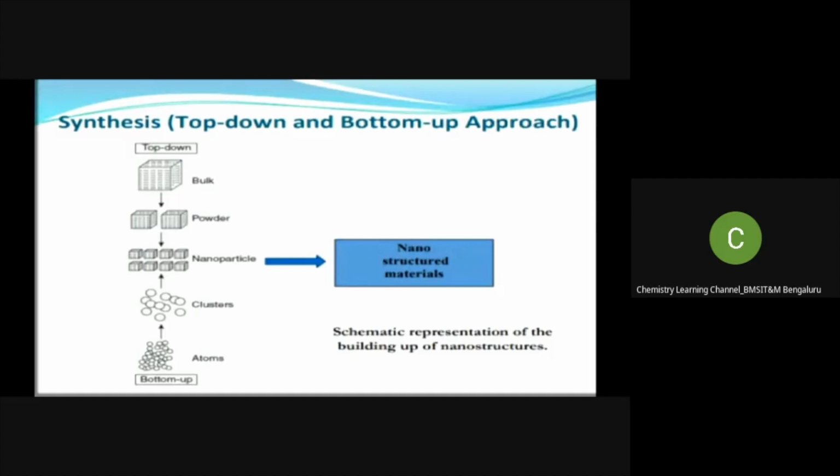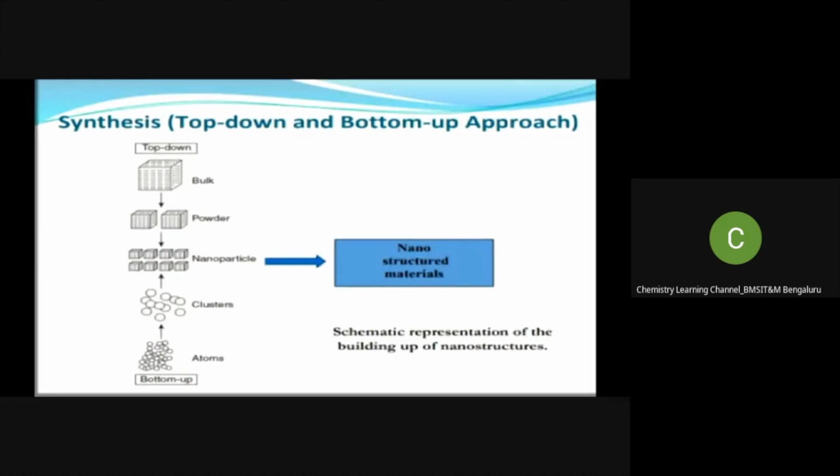Whereas in the bottom-up approach, smaller atoms or molecules are self-assembled to form larger materials, that are nano-sized materials. In the top-down approach, large-sized materials are usually broken into pieces by grinding or milling process.